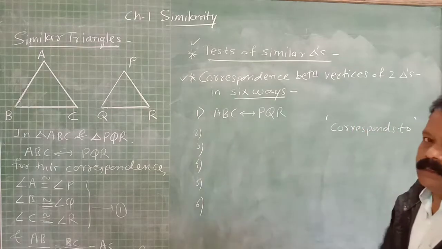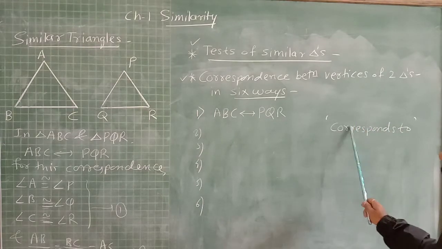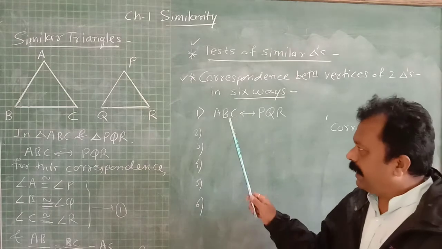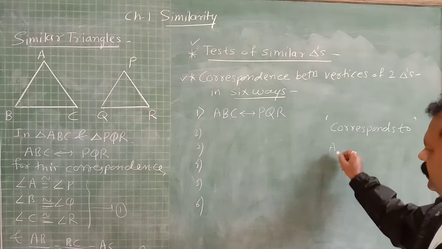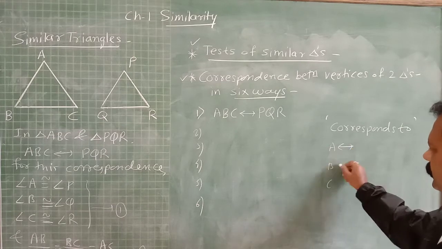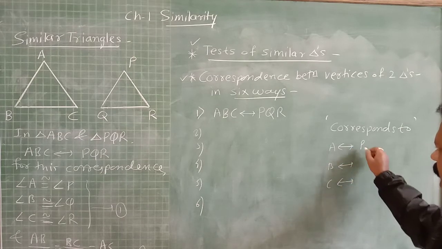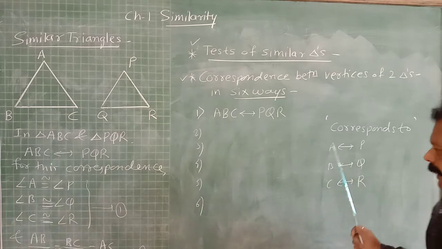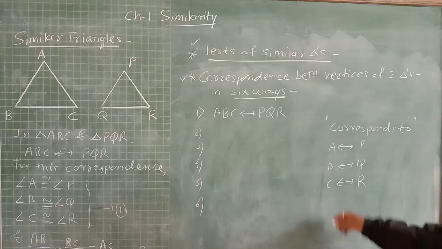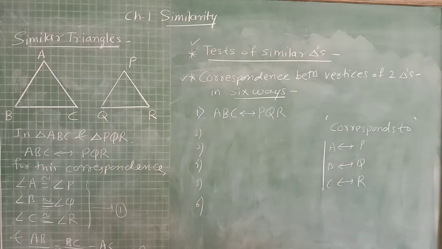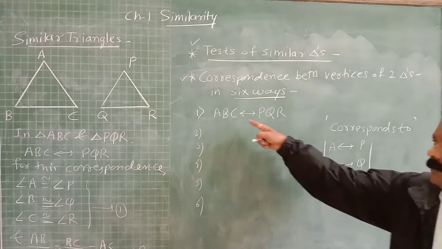The meaning of this is corresponds to, means ABC corresponds to PQR. We can write like this also: A corresponds to P, B corresponds to Q and C corresponds to R. Means separate correspondence, one-to-one correspondence between vertices of two triangles. We can write directly ABC corresponds to PQR.